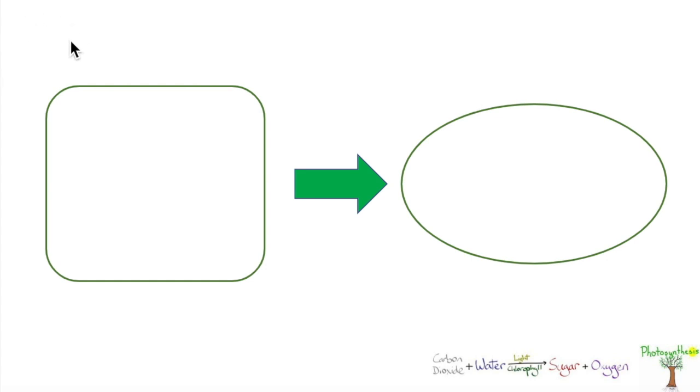So let's start over here. So this is the light dependent reaction, and this happens in the thylakoid.